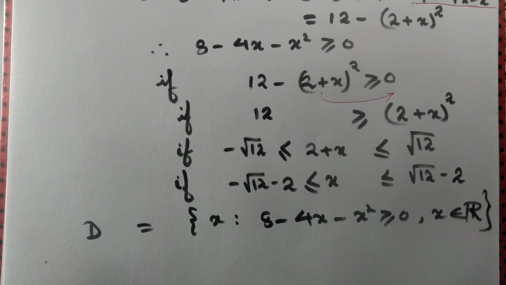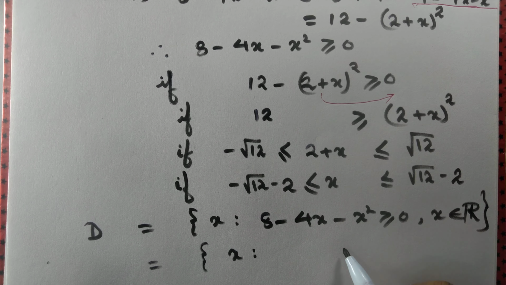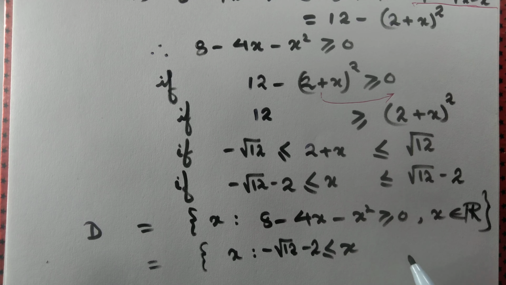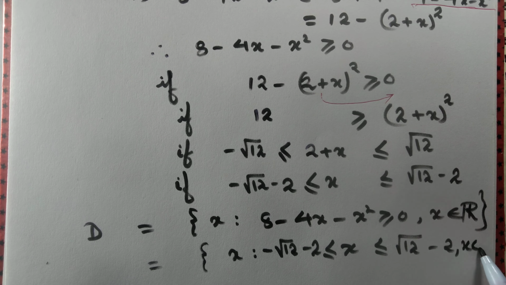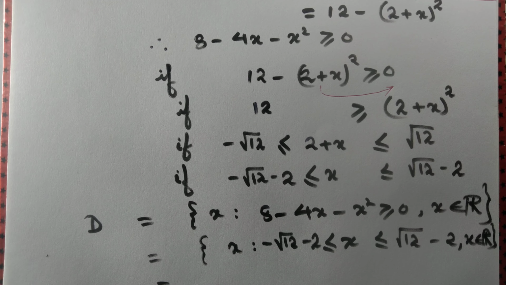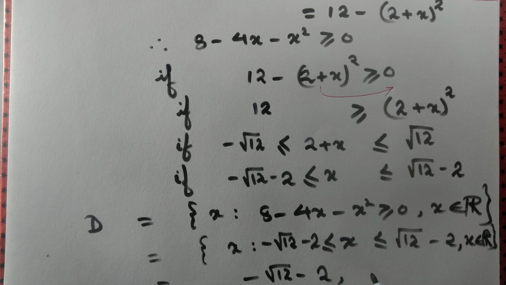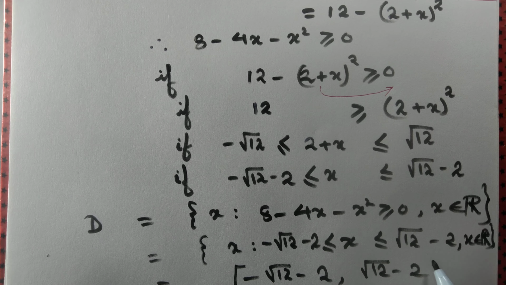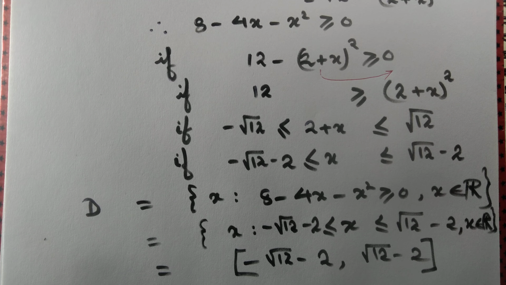That can simply be written as x such that x is greater than or equal to minus root 12 minus 2, less than or equal to plus root 12 minus 2, comma x is again a real number. That is nothing but the interval minus root 12 minus 2, comma plus root 12 minus 2, both inclusive. So we have determined the domain.